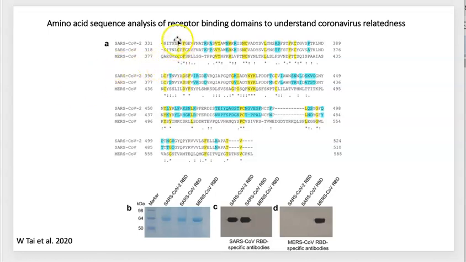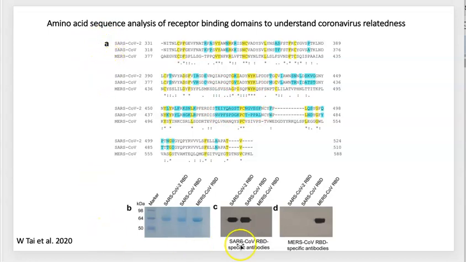And so where you see yellow, these are highly conserved amino acids in this particular amino acid sequence. And then these cyan indicators show variable regions. And so you can see there's quite a lot of variable regions between these different viruses: SARS-CoV-2, SARS-CoV-1, and MERS.